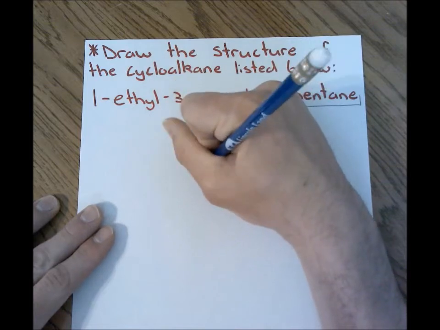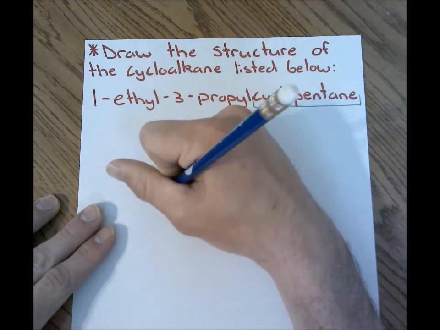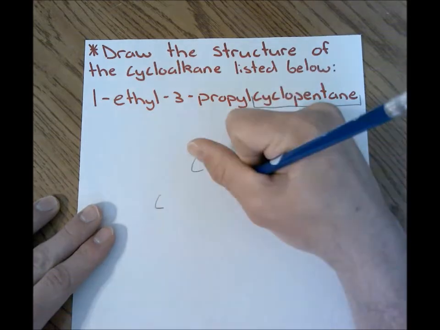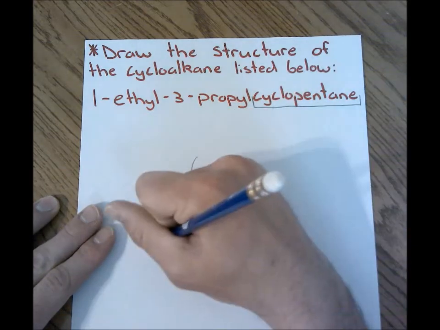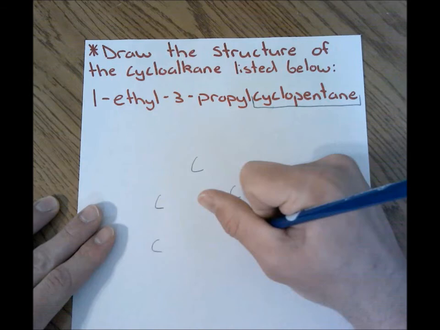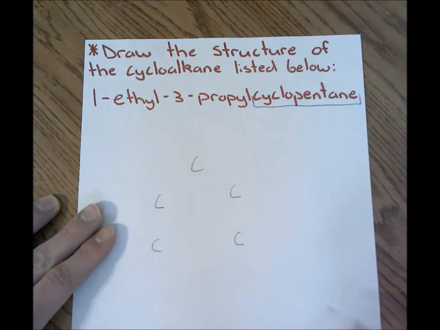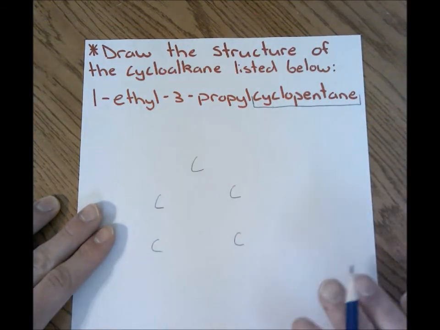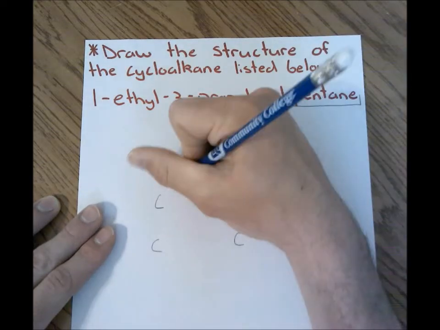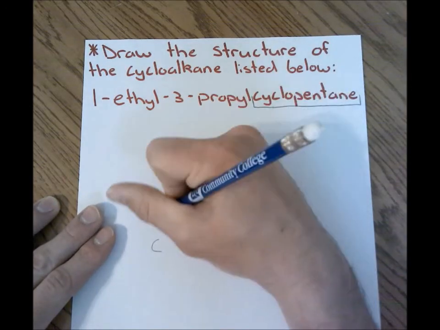Now, I don't put any attachments, I don't put any H's quite yet. All I do is connect these, and give yourself a little space here because we are eventually going to have to add in H's, and we're eventually going to have to add in these particular attached groups.